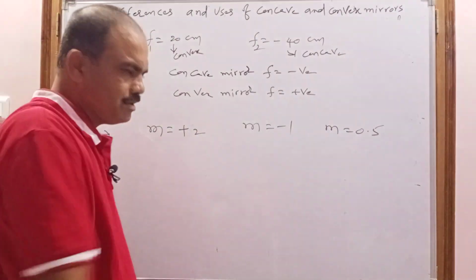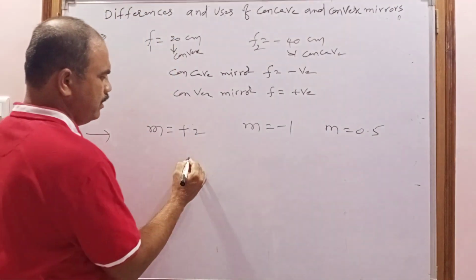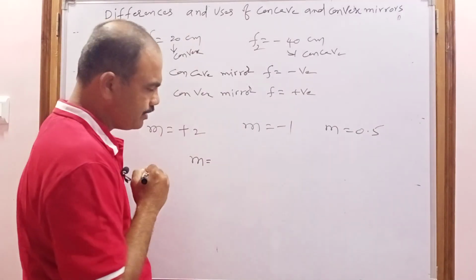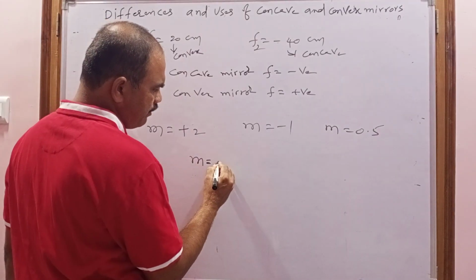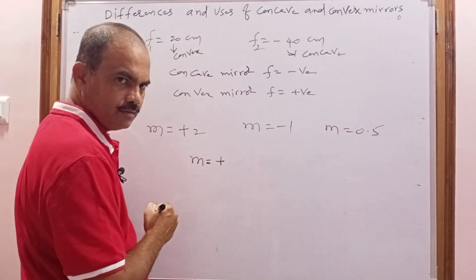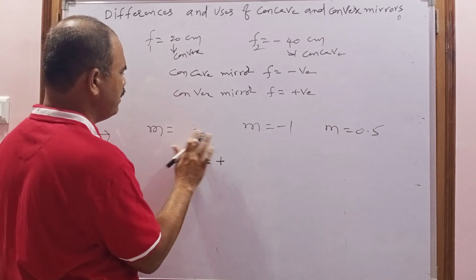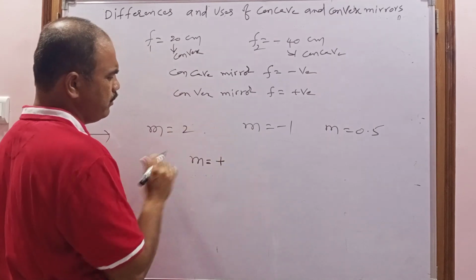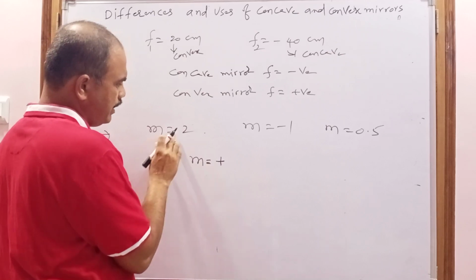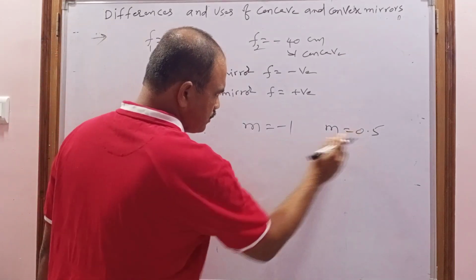To write the answers, you have to remember that m here means magnification. Sometimes they don't write m equal to, they give just the number. Here it is a positive sign, here also positive, here negative.